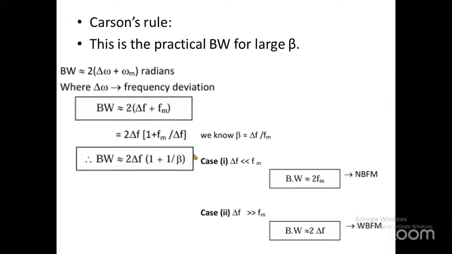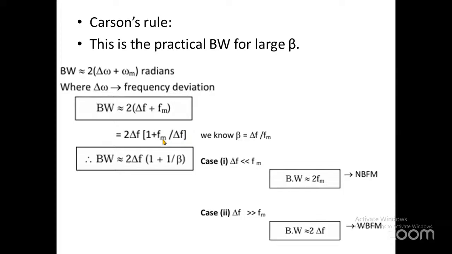According to the Carson formula, the bandwidth is approximately equal to 2 into delta F plus FM, where FM is the message signal frequency and delta F is the maximum deviation, which is much greater than the physically allowable deviation. So this is given by Mr. Carson, and it is called Carson's rule.